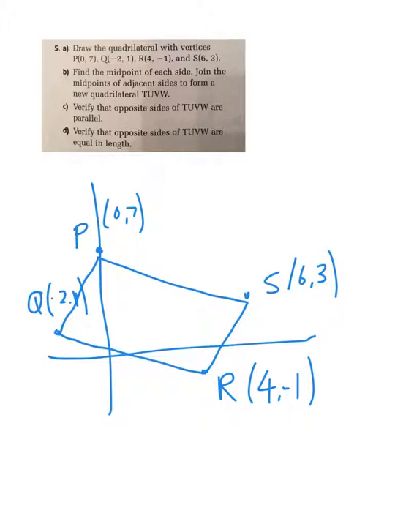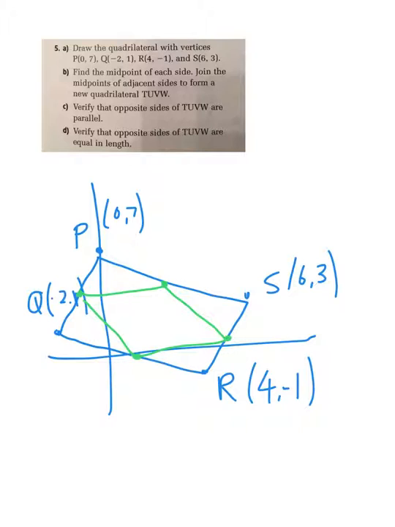Find the midpoint of each side. So we're going to find the midpoint of each side by the midpoint formula. And join the midpoints of adjacent sides together. So we get this shape inside. Like that. Okay, so that's B. Verify the opposite sides are parallel.